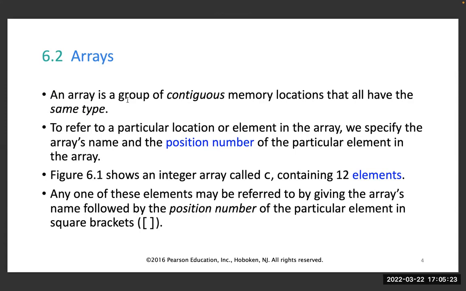An array is a group of contiguous memory locations that all have the same type. This means for an array, the code will save the array's elements one by one in the memory.